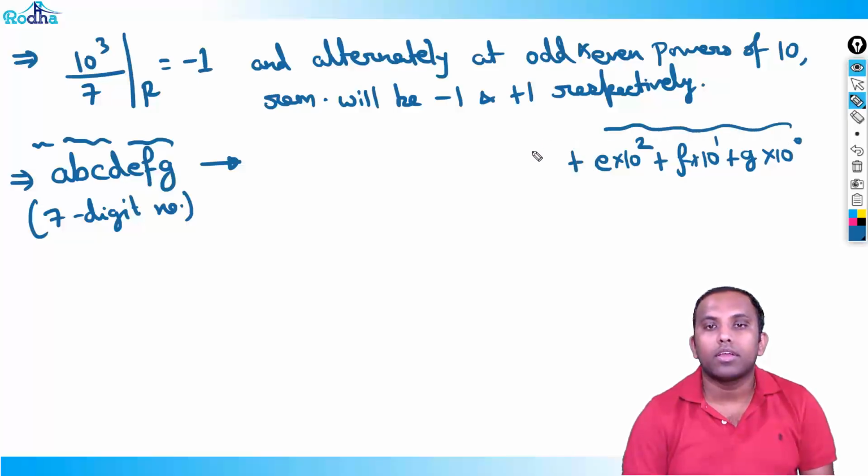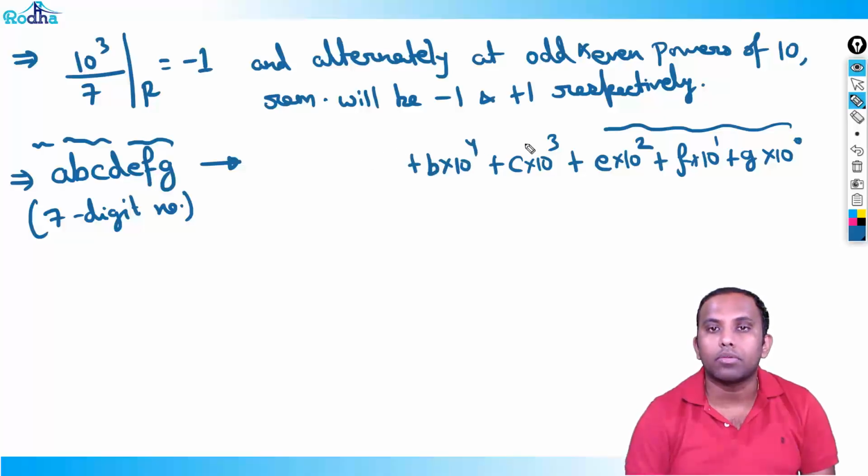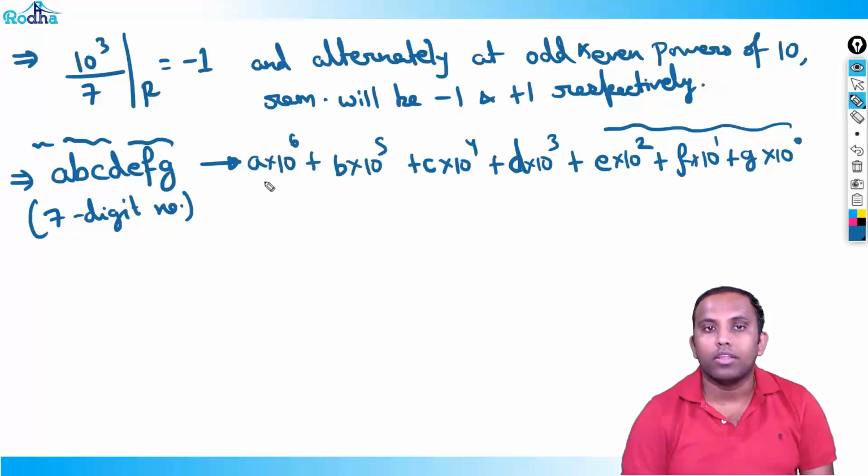From the next 3, D into 10 cube plus C into 10 raised to 4 plus B into 10 raised to 5 plus A into 10 raised to 6, this divided by 7. So I want groups of 3, and then the last one is left, right?